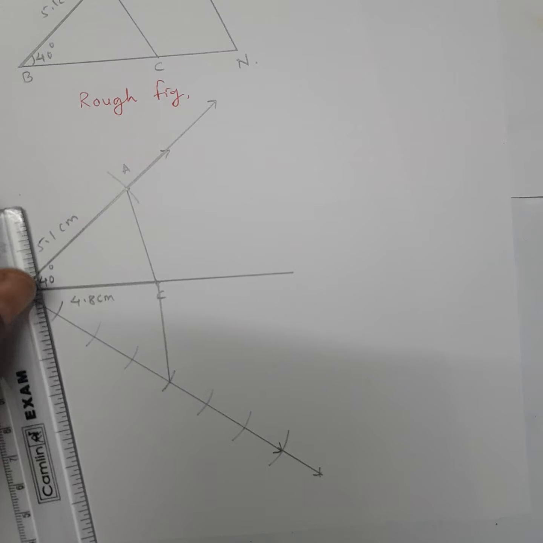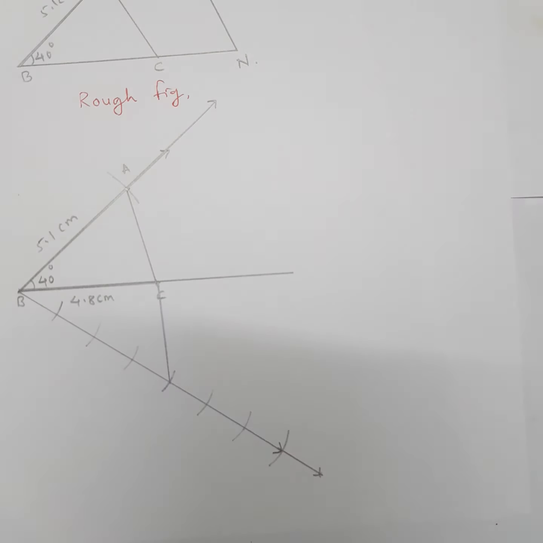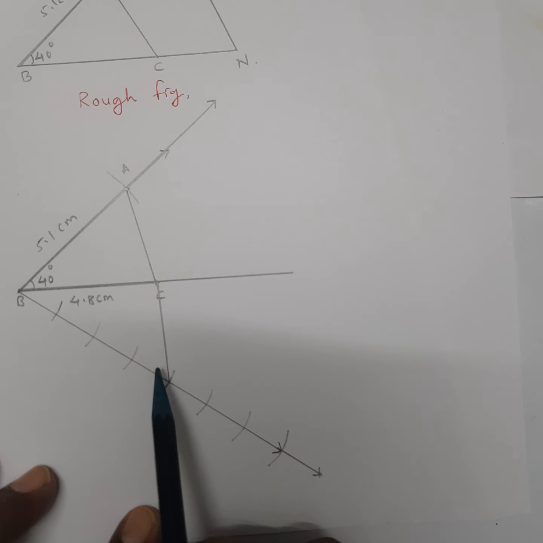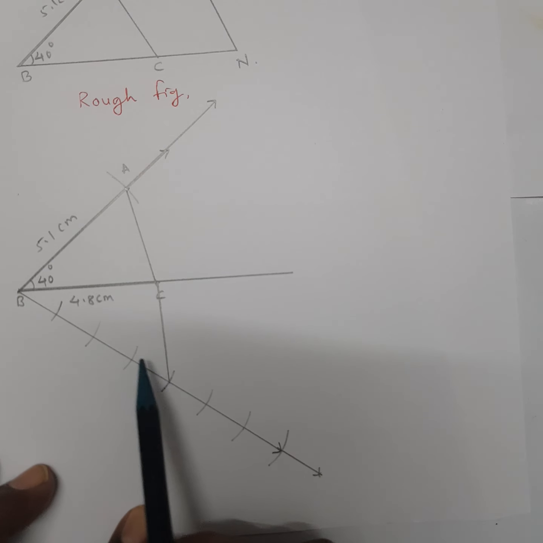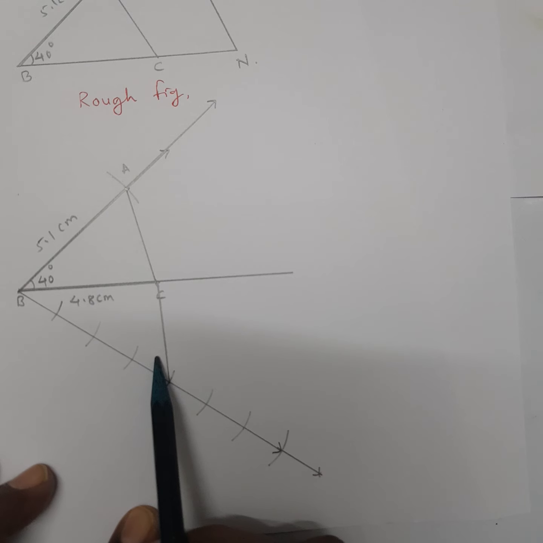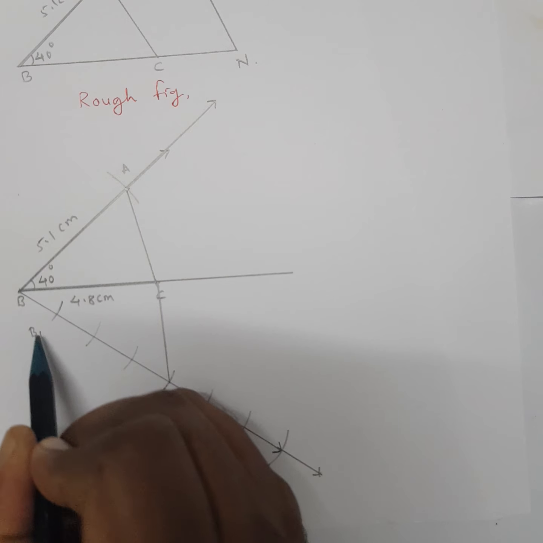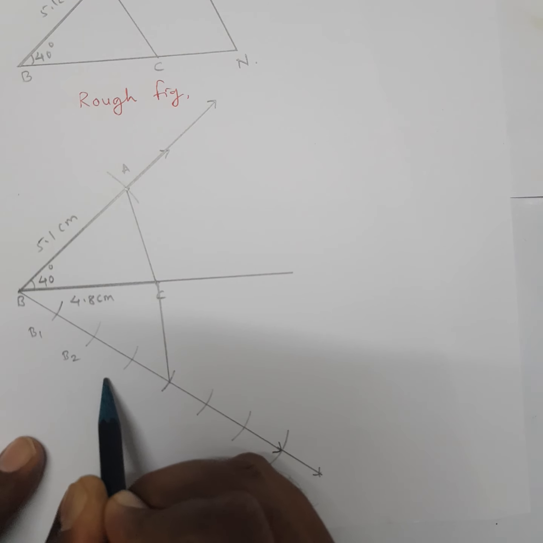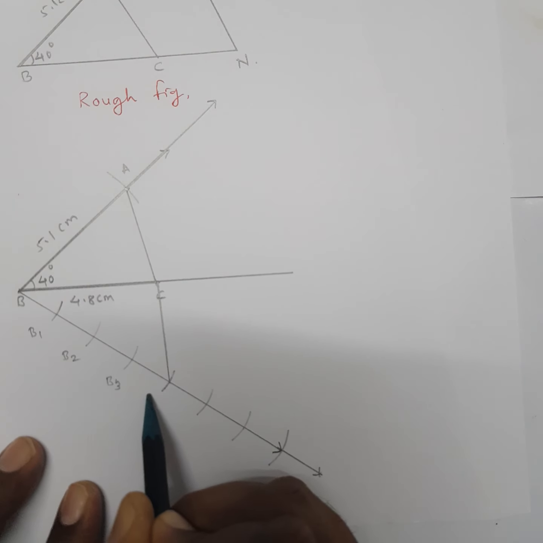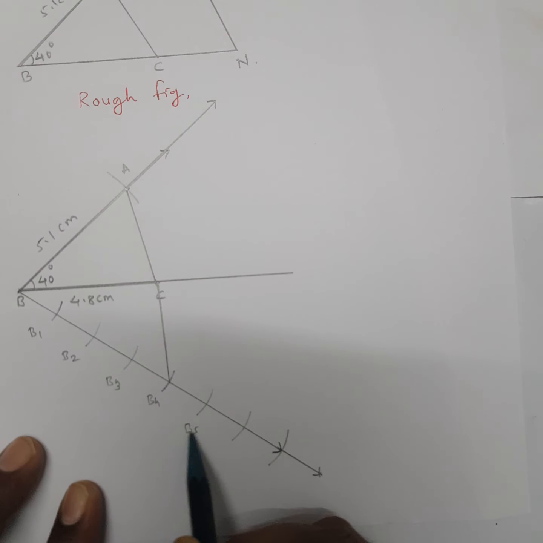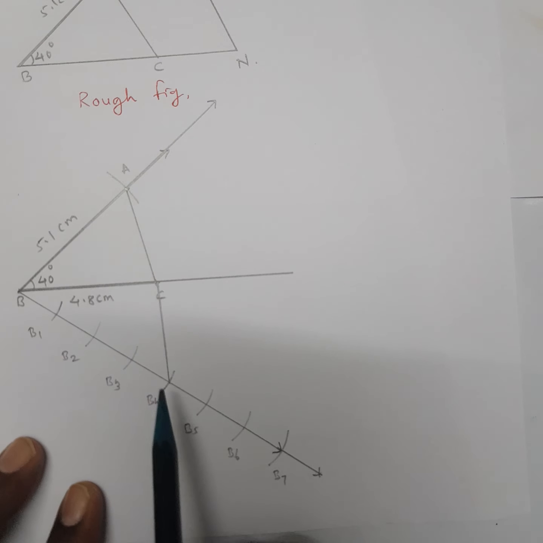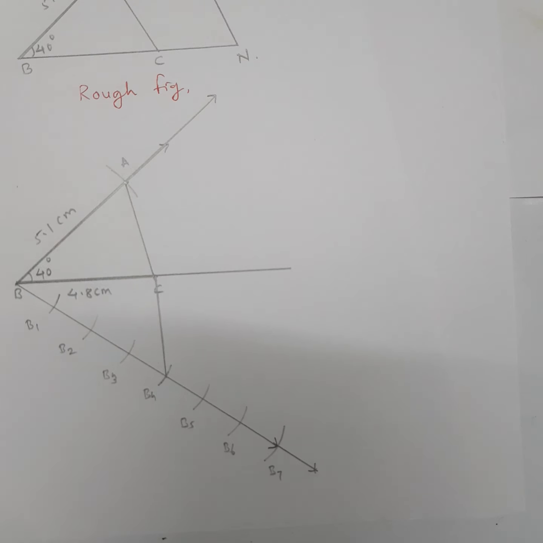First the fourth point is joined with point C. Now we have to take the congruent angle of this angle at the 7th point. Suppose these points are B1, B2, B3, B4, B5, B6 and B7. We have to draw a congruent angle of B4 at point B7.